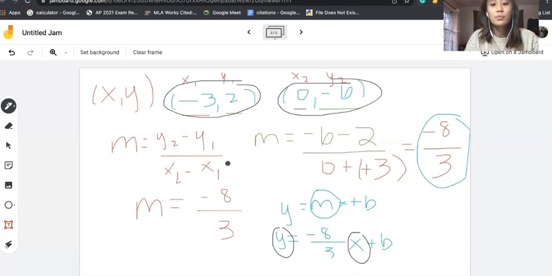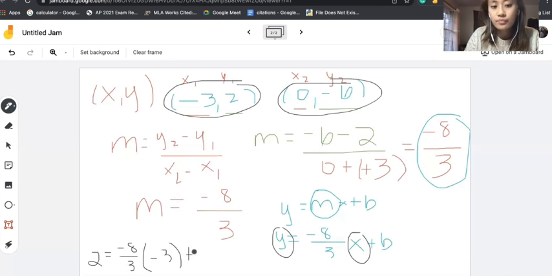So basically we can do (-3, 2). So y in this case is 2. 2 equals, so this -8/3 still. X is -3. And b is our unknown variable that we're trying to solve for. So 2 equals -8/3 times -3 plus b.